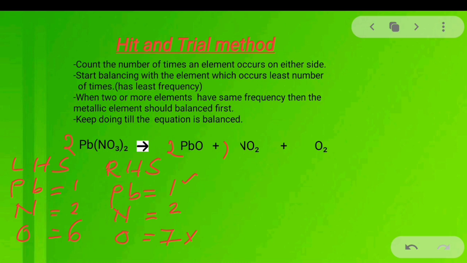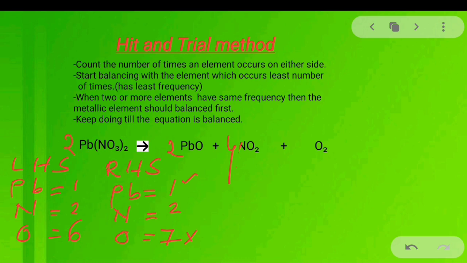So your NO2 becomes 4 NO2, and you can see the number of oxygen atoms becomes 6 to 12. So it is 8 to 10 plus O2 oxygen. It is 12.